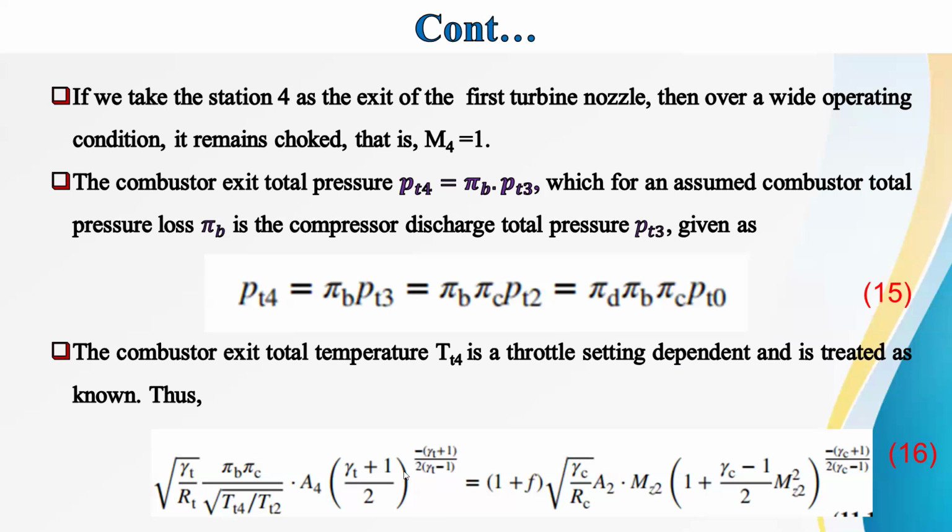The combustor exit total temperature T4 is dependent on the throttle setting and is treated as known. So we can simply substitute this result here: pi b, pi c over the radical of T4 over T2, just considering stations 2 and 4. So this is actually our final result.